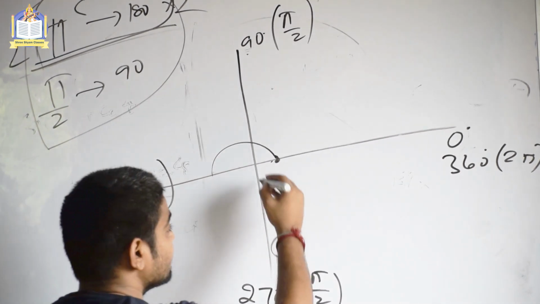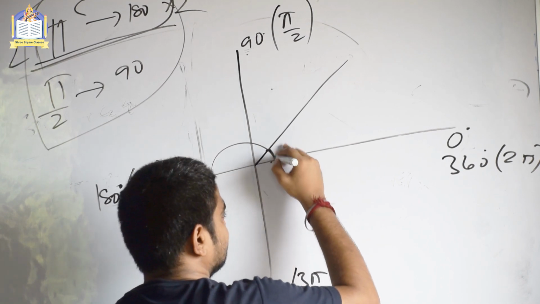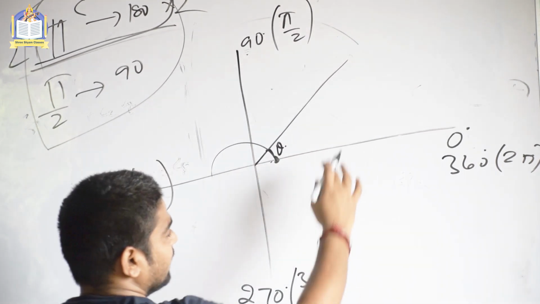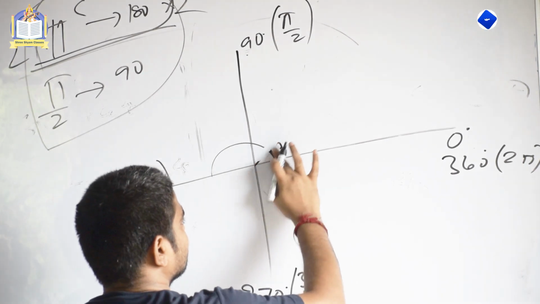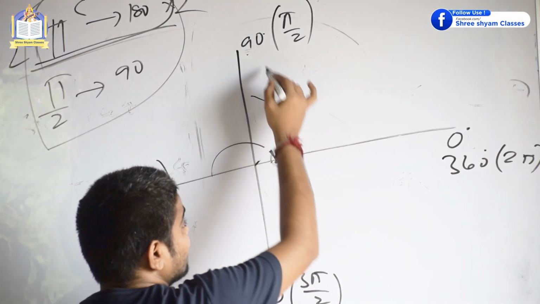Guess what? This is again an acute angle triangle. Let this angle be theta. You can see this area is less than 90 degree.